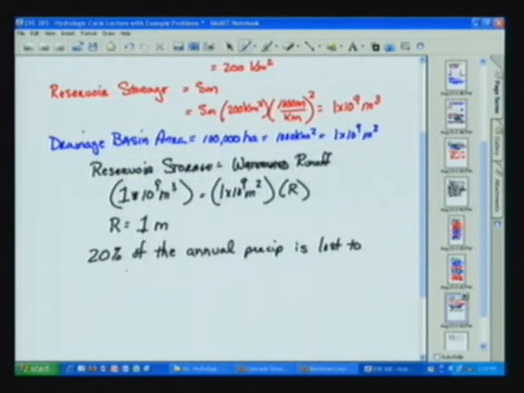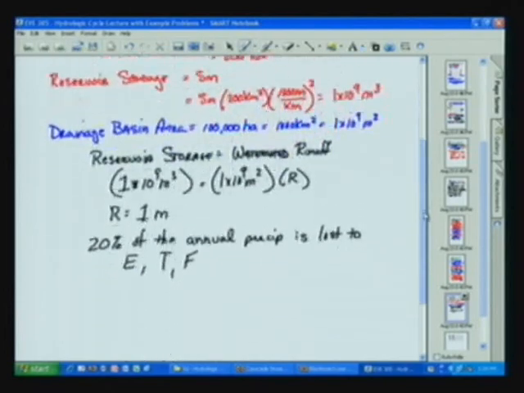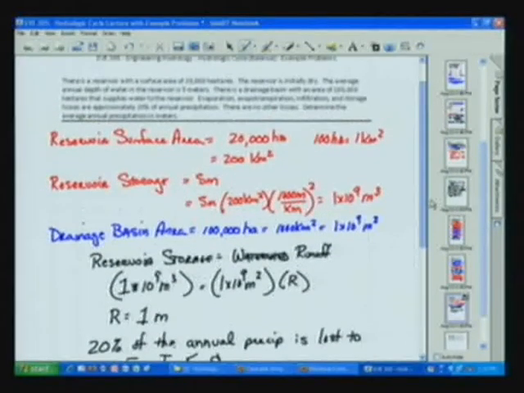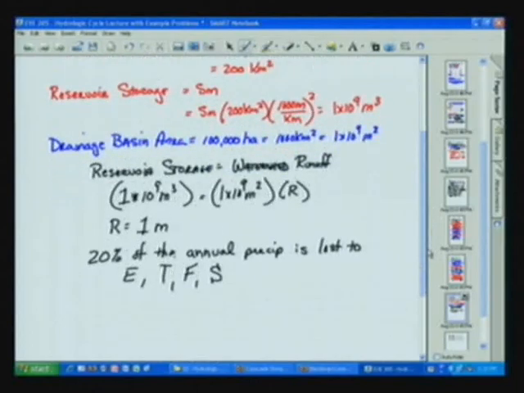So we've got E, evaporation, T, transpiration, F, infiltration, and S, storage. There are no storage losses. Okay? So all those are losses, which means 80% of P is runoff. Okay?